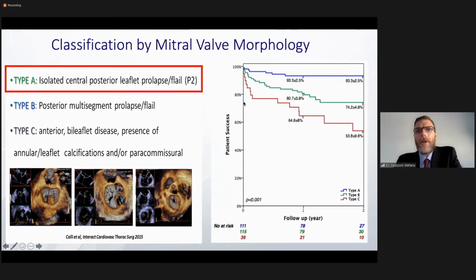You can see here, after 2 years, 93% success with type A, 74% with type B, and 50% is like tossing a coin, so 50% success. So it's not really a good result in this kind of anatomy.